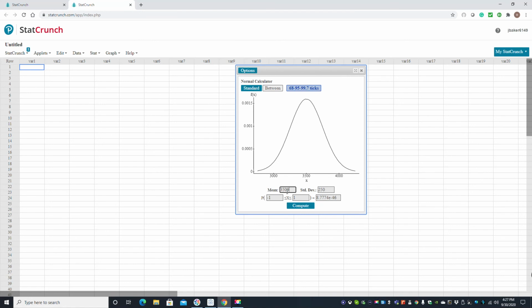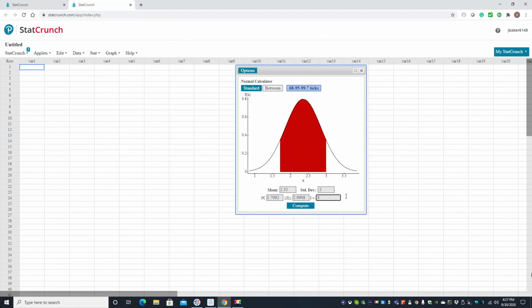I'm going to reset this back to $2.35 and 50 cents. And I'm going to put central 80%, so I'm going to put 0.8. And it's going to give me the two that are in between. So that would be $1.70, or really we round up to $1.71, to $2.99.